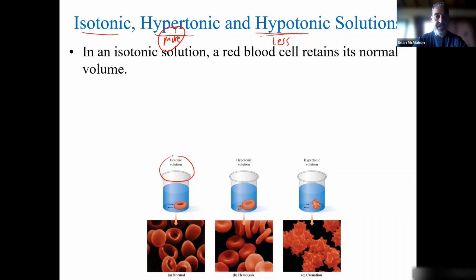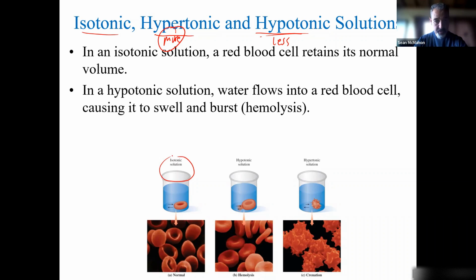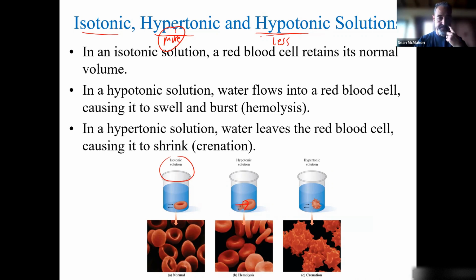The cell, because it's the same concentration, keeps its size. In a hypotonic solution, the red blood cells actually are more concentrated than the surrounding solution. So now water rushes in, and this is where it can swell up and even burst, hemolysis.